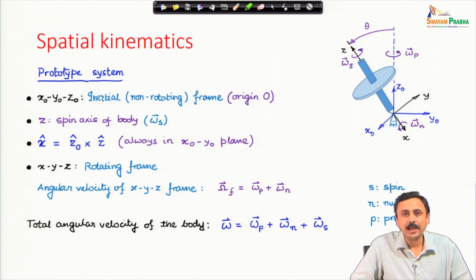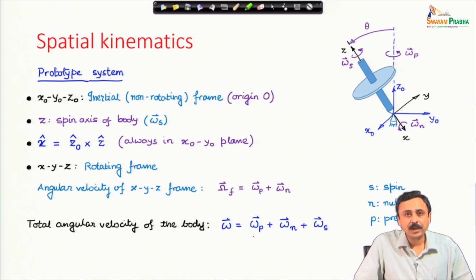Therefore, the total angular velocity of the body is the angular velocity of the frame plus the angular velocity of the body with respect to the frame. To an observer who is fixed to the x y z frame, that observer will see the body spin about the z axis of the frame.